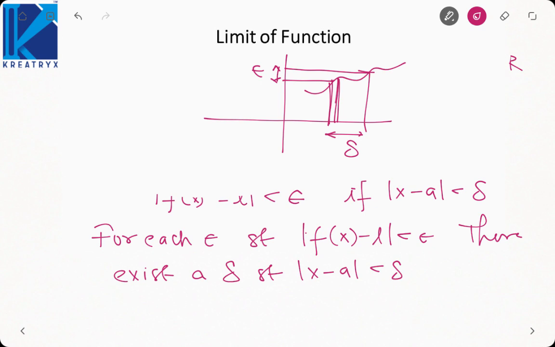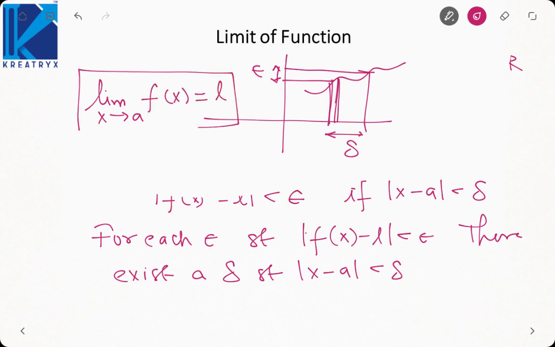So first I will fix the range on the function value or on the y-axis. Then I will say if there exists a range in the x-axis for which that range in the y-axis is possible, then we will say the limit exists and we will represent it like this: limit x tending to a, f(x) is equal to L. That is, as x goes to a, the function limit will be equal to L.